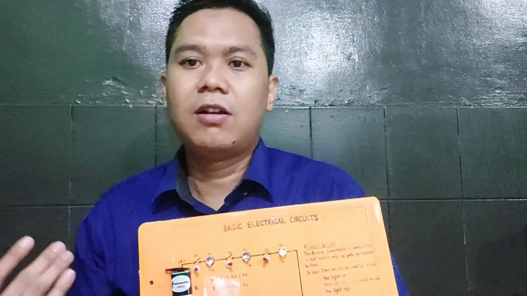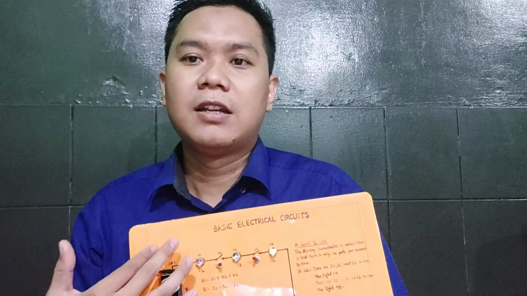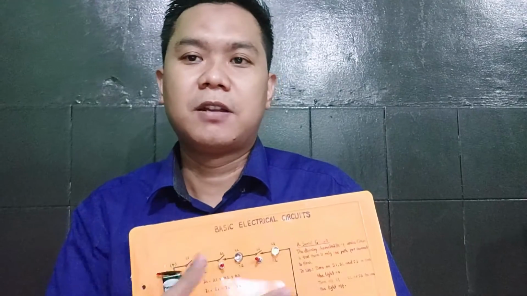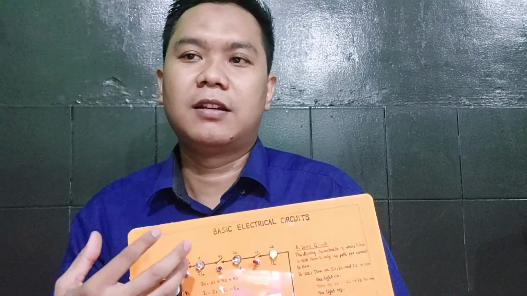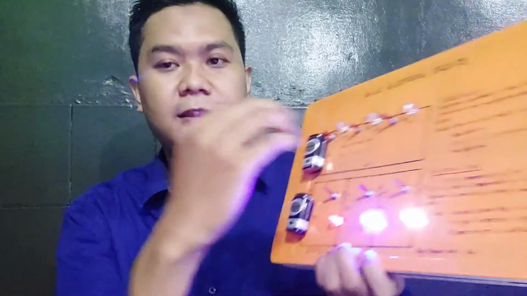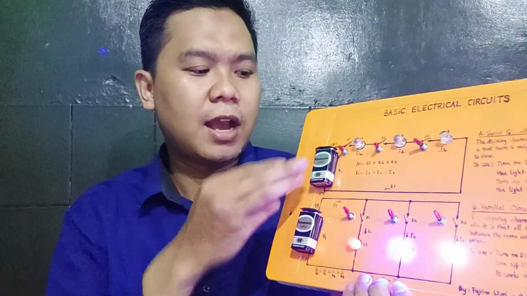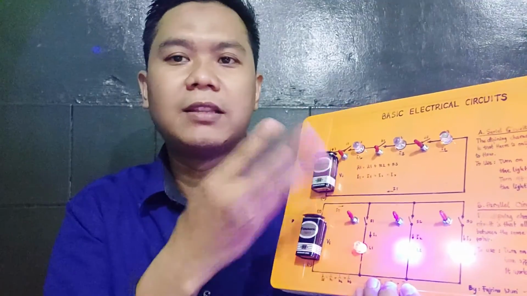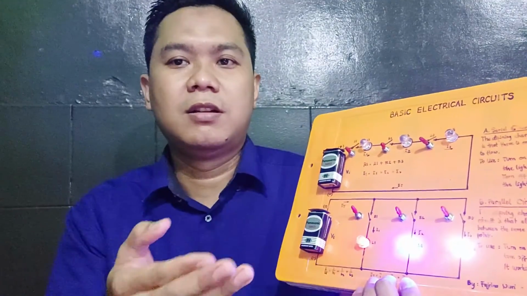So from this, the conclusion is: in the series circuit, if one lamp is off, all of the lamps are off, because in a series circuit the current is the same, but the voltage of every lamp is different. But in the parallel circuit, the current is divided by three or more.